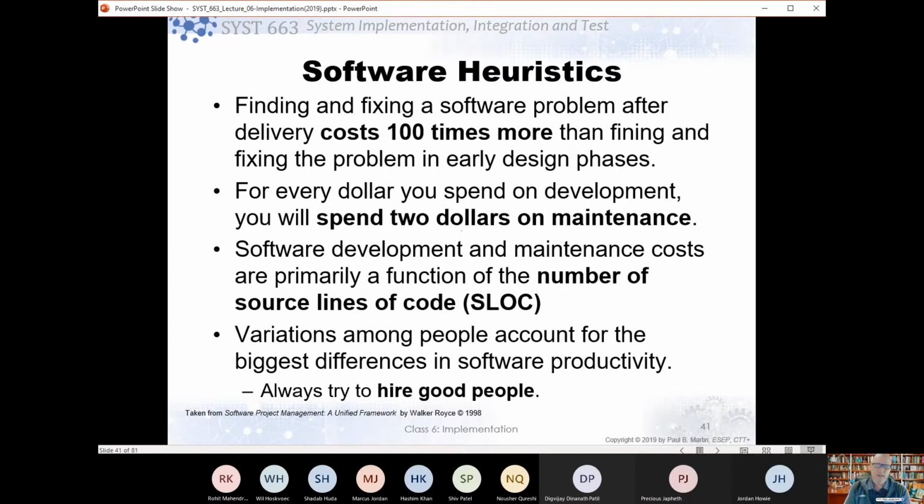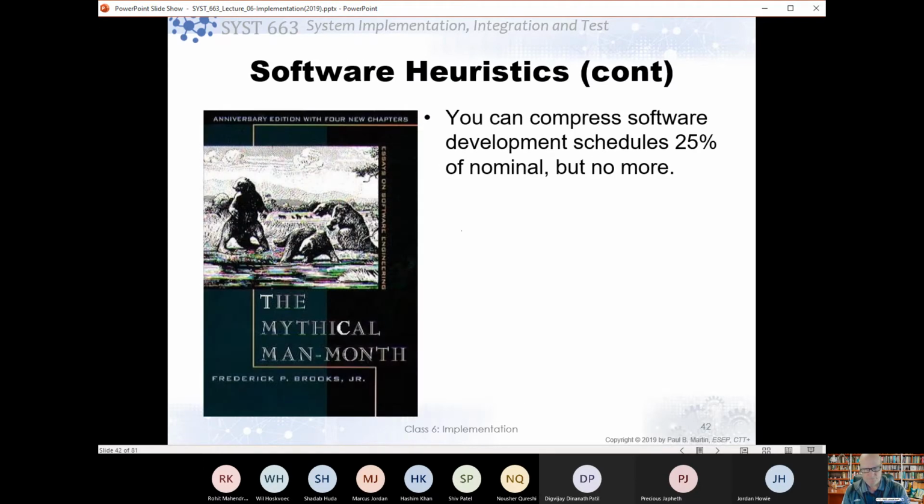And of course, because this is a very creative pursuit in terms of building software, it behooves you to go find good people and hire them as you go forward.